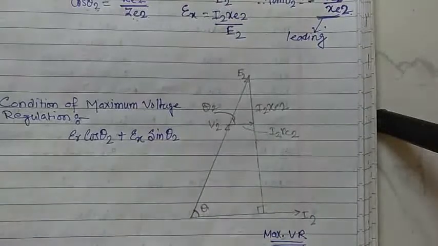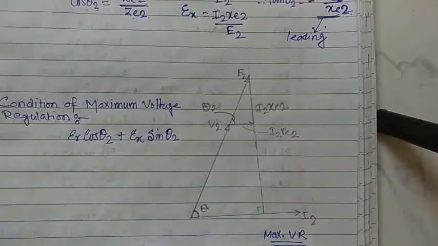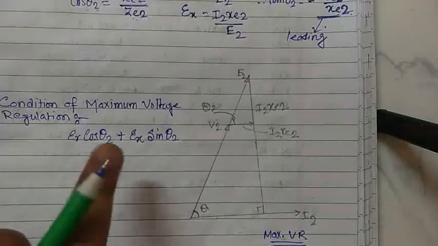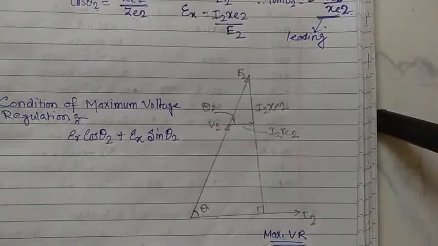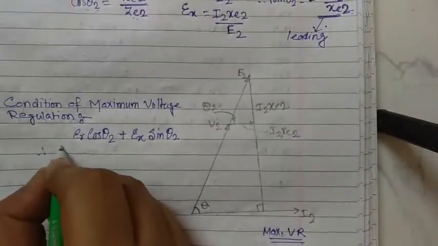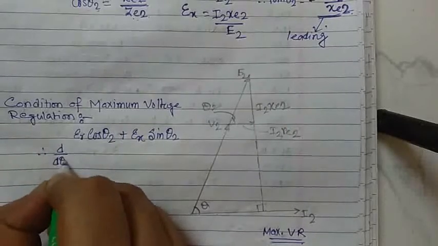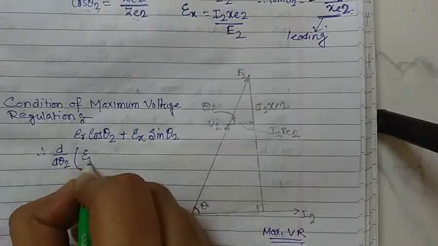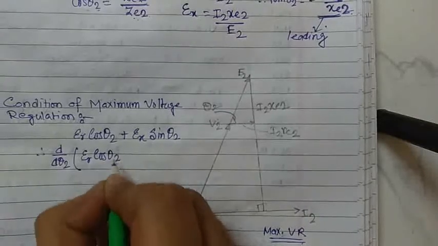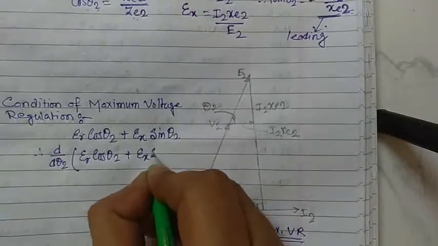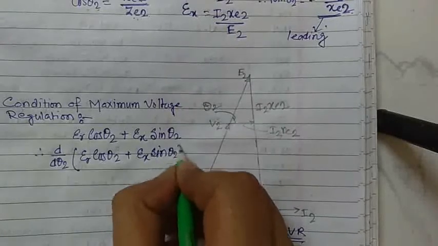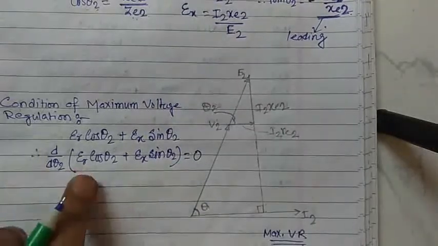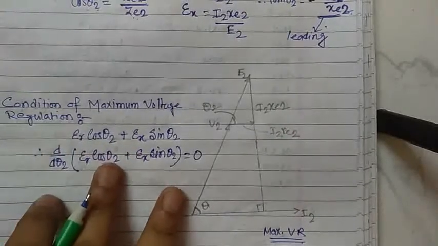The maximum condition occurs when the derivative of this equation with respect to theta 2 gives zero. So d by d theta 2 of (epsilon r cos theta 2 plus epsilon x sin theta 2) equals 0. At that time the maximum condition occurs.